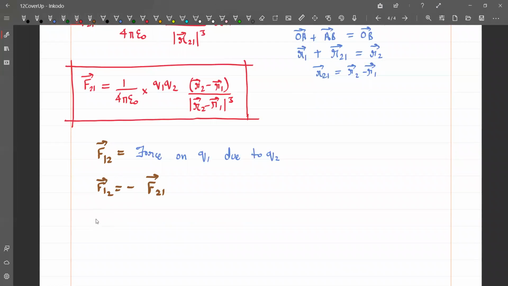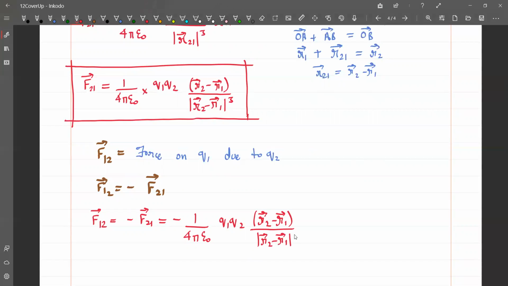So if I write this, force on 1 due to 2, that is minus of force on 2 due to 1, that is minus of 1 by 4 pi epsilon naught Q1 Q2 (r2 vector minus r1 vector) divided by mod of r2 minus r1 vector whole cube.